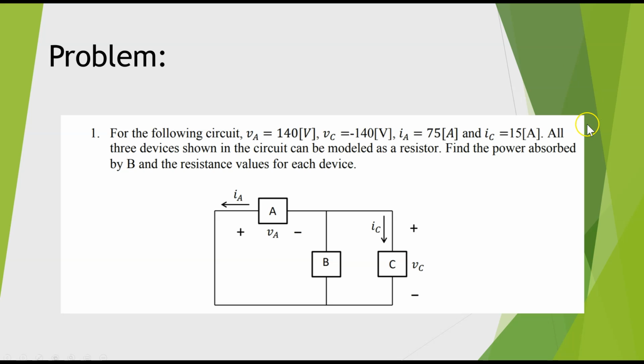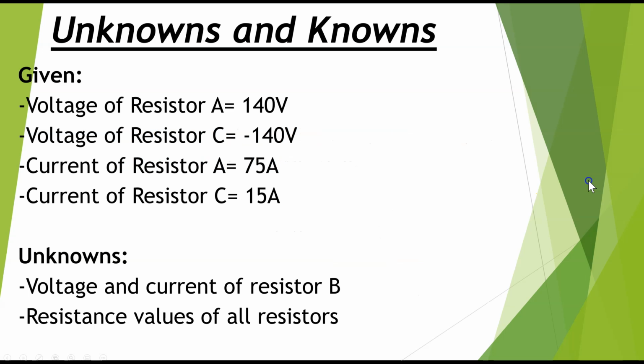Something to note here is that, as indicated by our problem, resistor B is absorbing the power of the circuit, so A and C must be supplying the power to the circuit. Okay, so we have the unknowns and knowns.